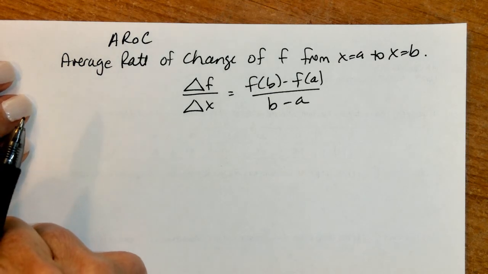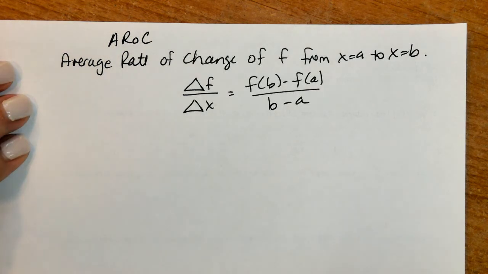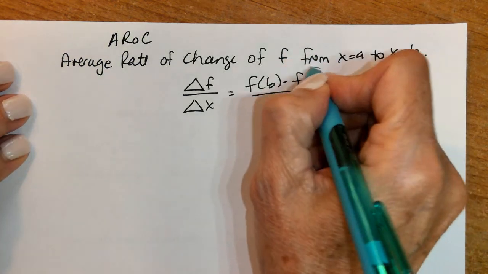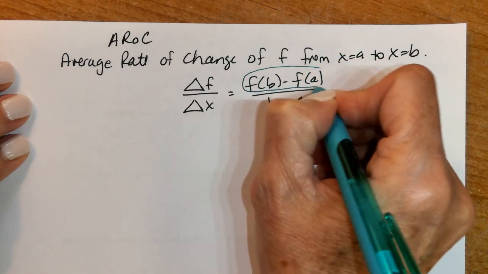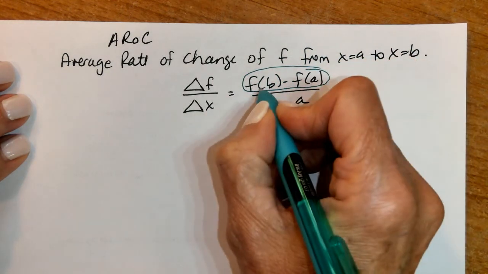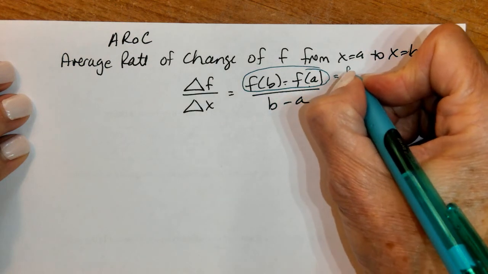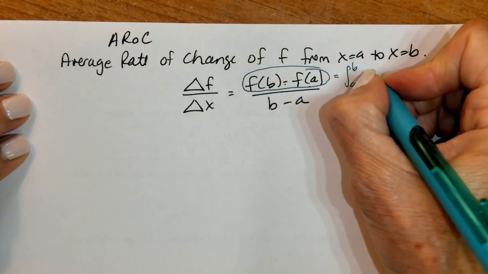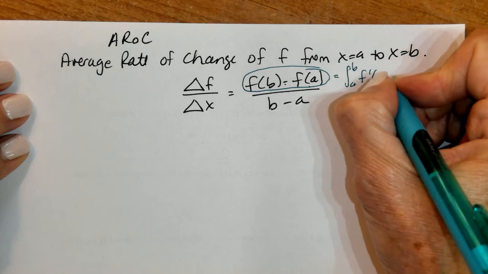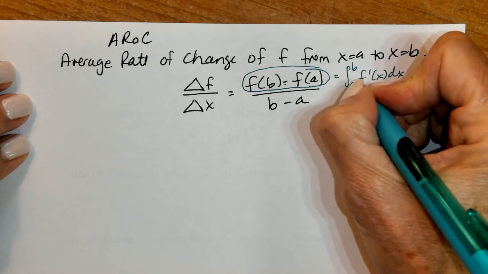Okay? Well, now we know, using the first fundamental theorem, fundamental theorem 1.0, f of b minus f of a is equal to the integral from a to b of f prime. Right?